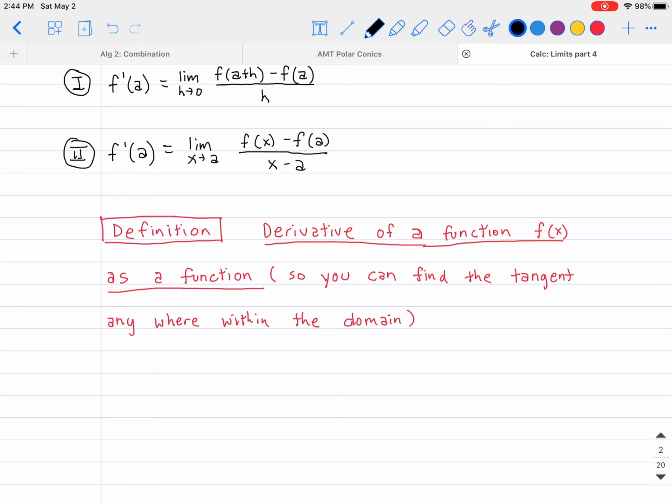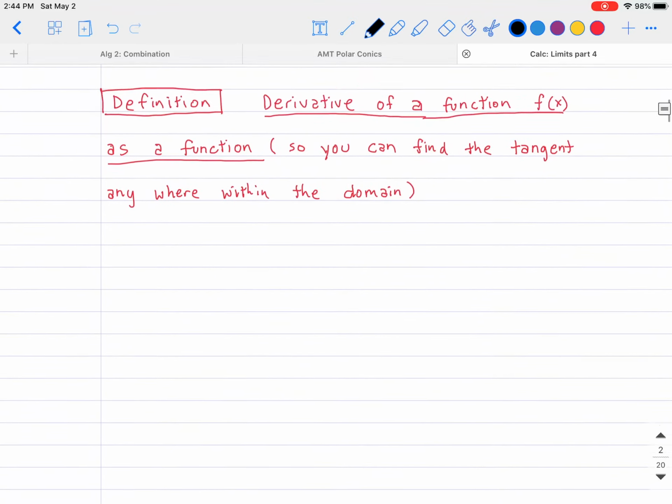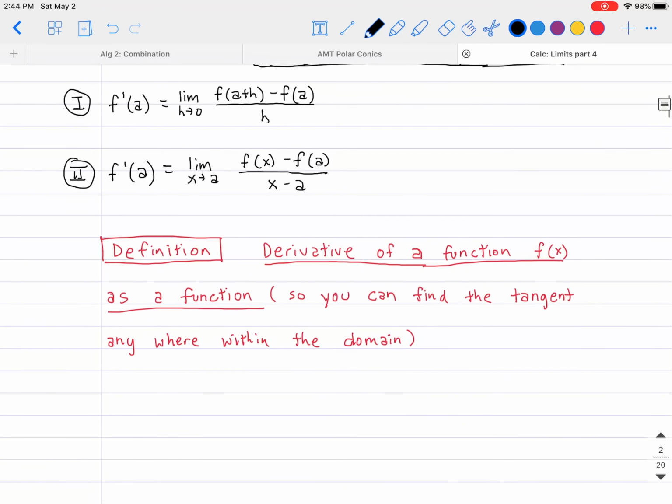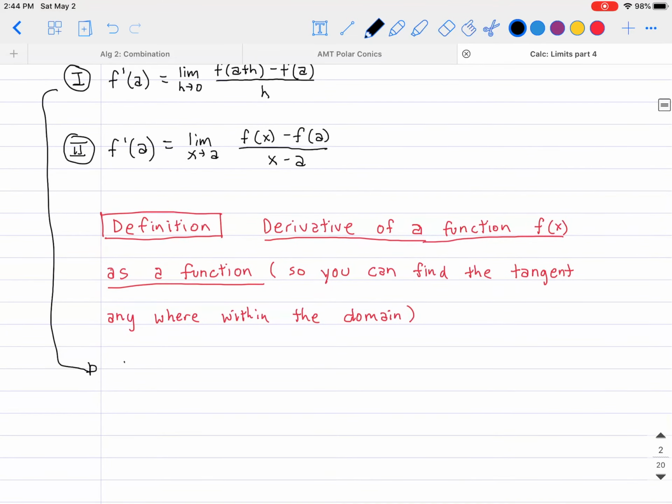The definition of a derivative of a function f of x is as a function, so you can find a tangent anywhere within the domain. So that's the formal definition. And in terms of how we come up with this equation, all we have to do is take our equation number one, what we've been using so far, and instead of the letter a, meaning at a single point, we can just replace it with the letter x.